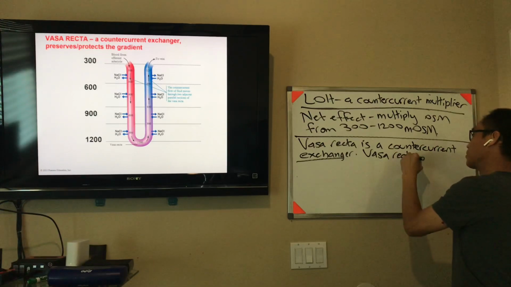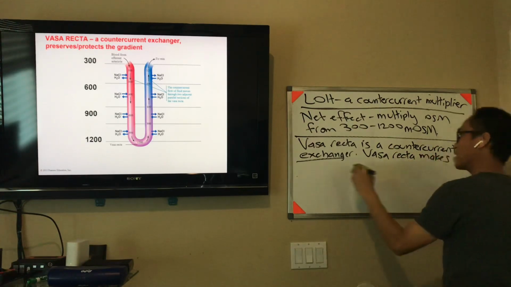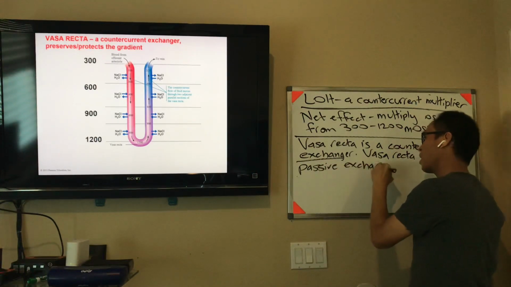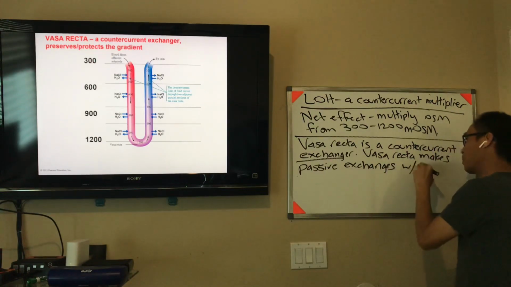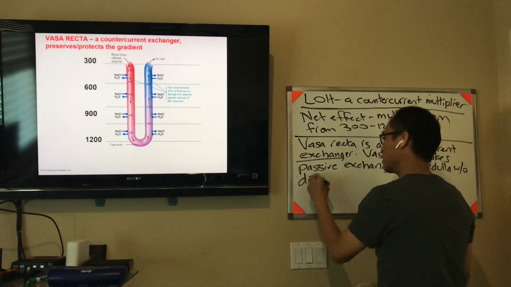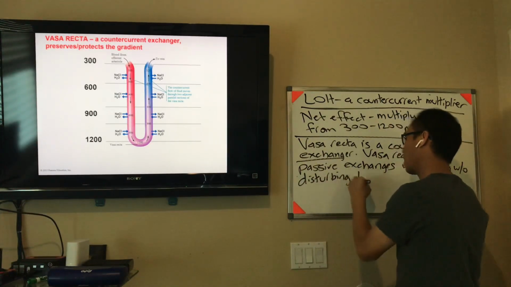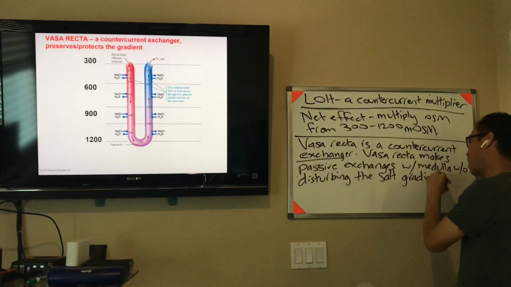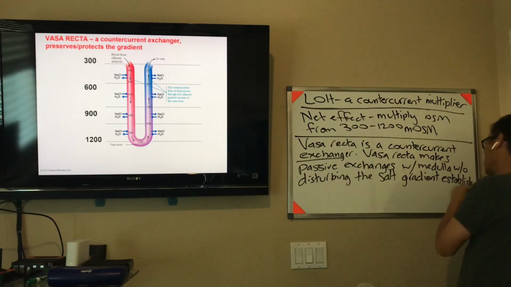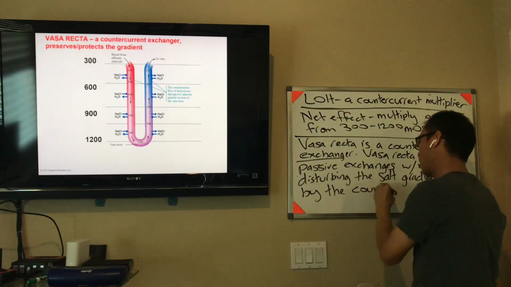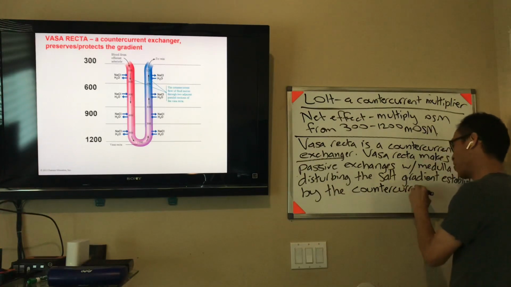Vasa recta makes passive exchanges with the medulla without disturbing the salt gradient established by the countercurrent multiplier, the LOH, right?